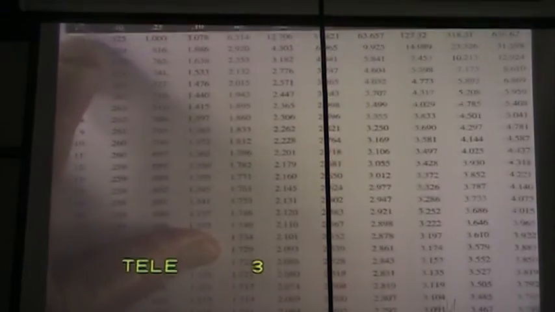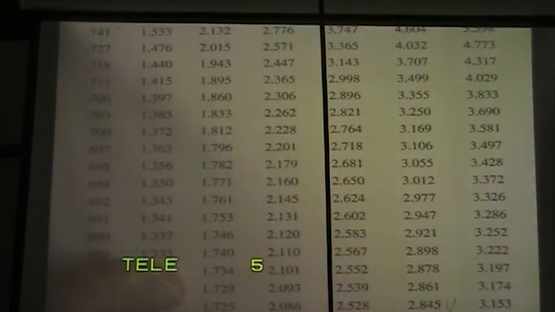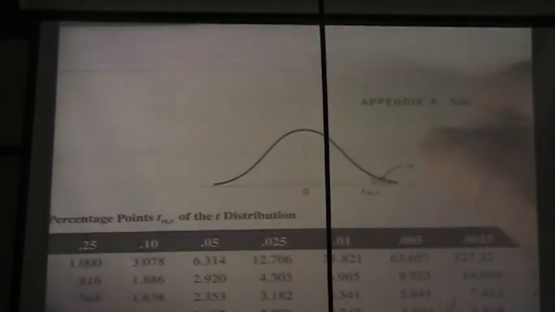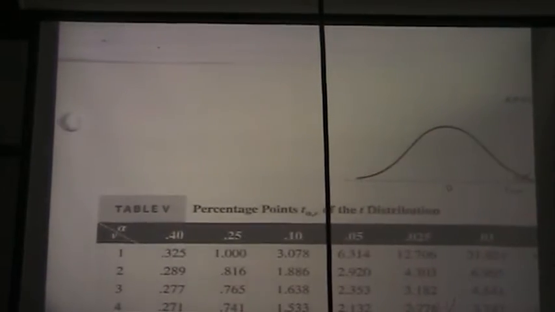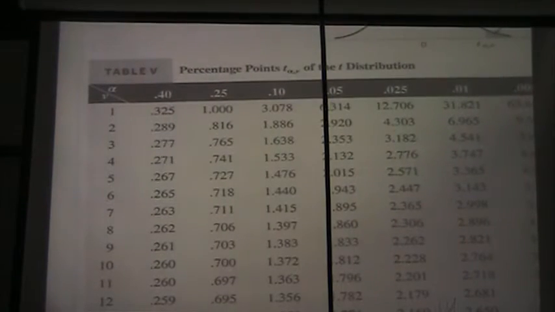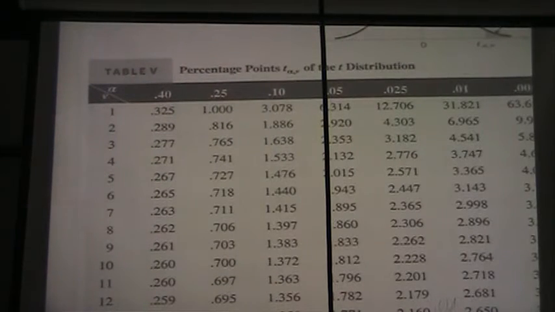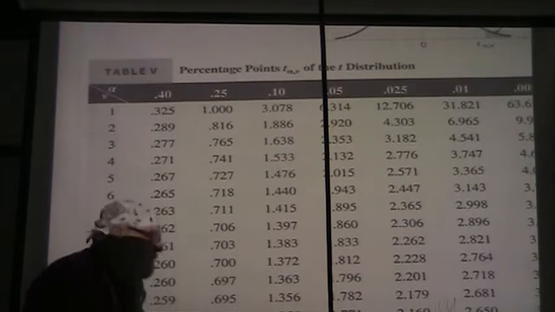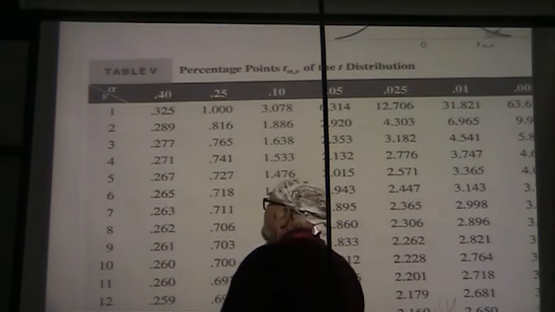Now, you'll notice the symbol here. Well, maybe you won't notice it. It's pretty tiny. All right.